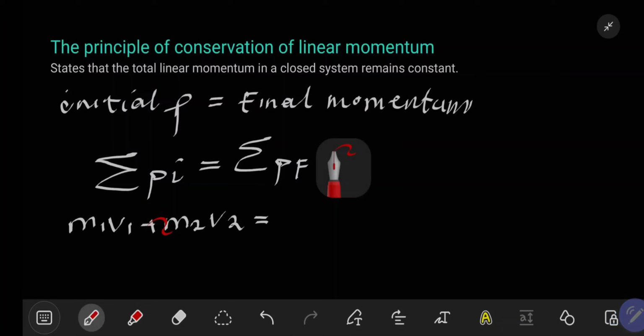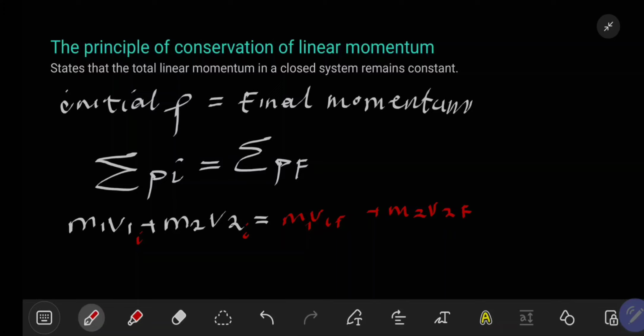Everything here is initial. Then on the other side, we have mass 1 velocity 1 in the final stage, plus mass 2 velocity 2 in the final stage. So this is the formula. This is how one can expand the conservation of linear momentum formula.